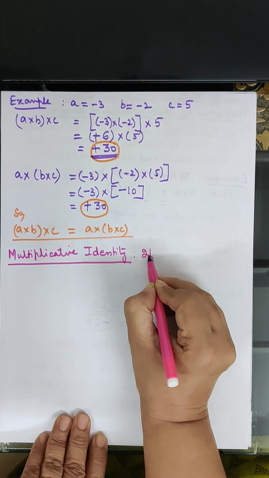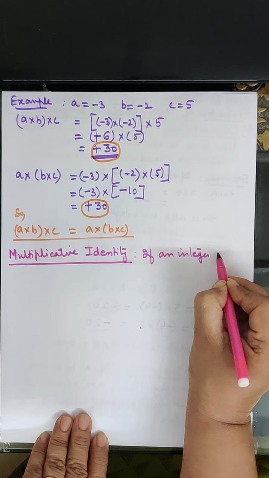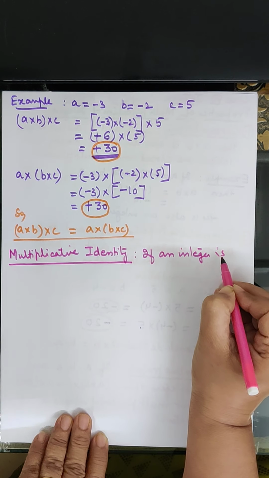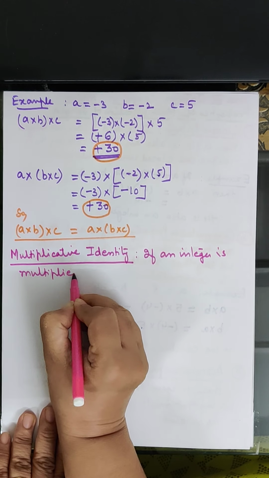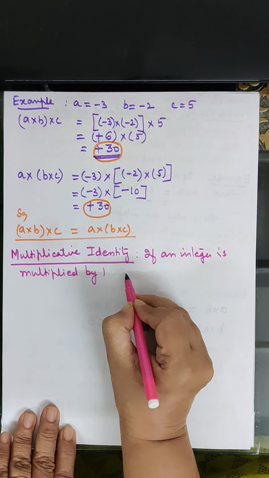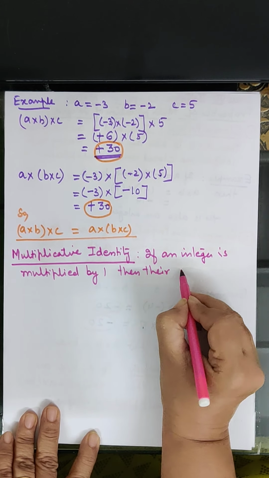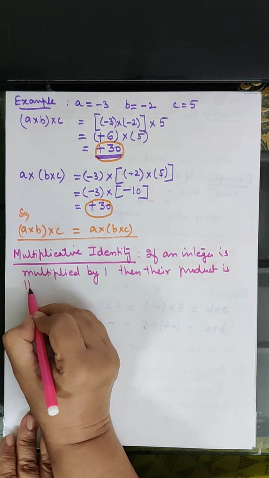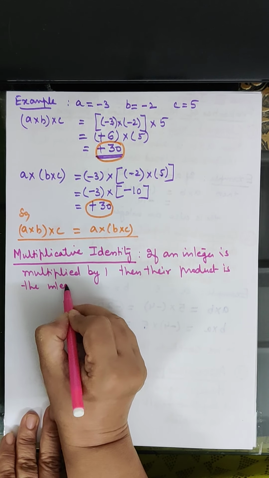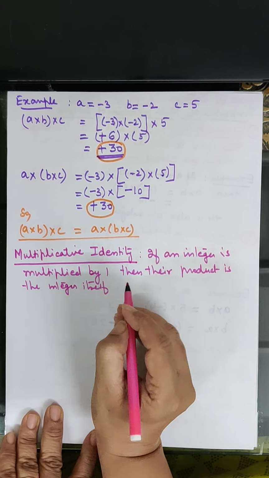If an integer is multiplied by 1, then their product is the integer itself. Okay.